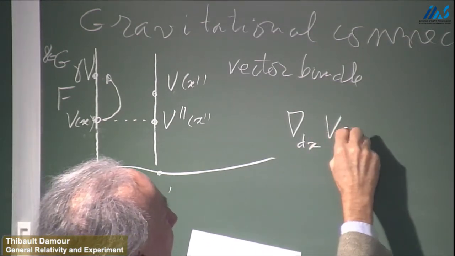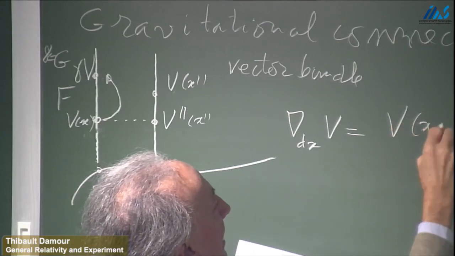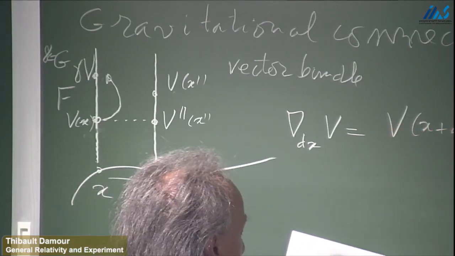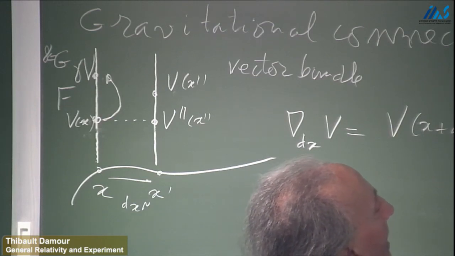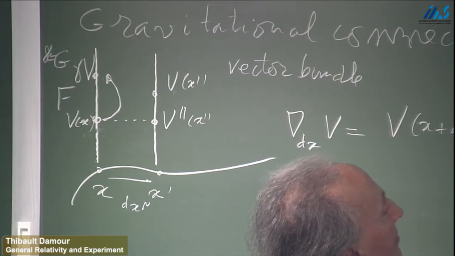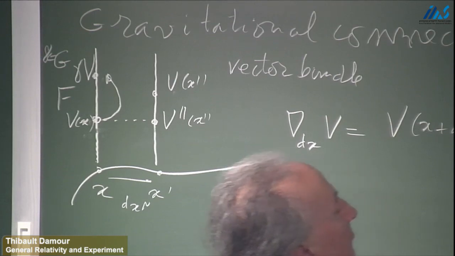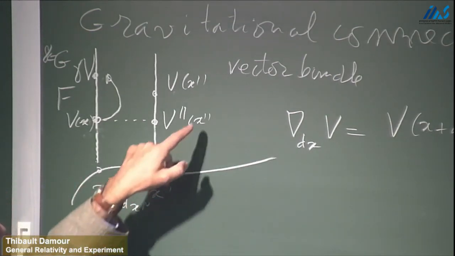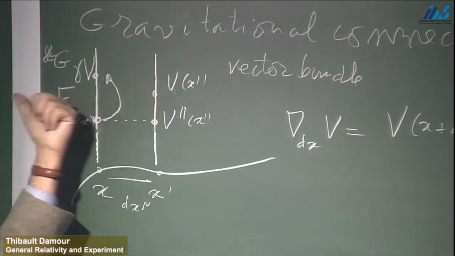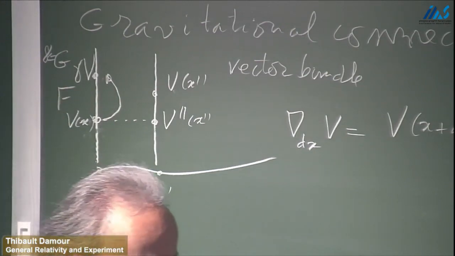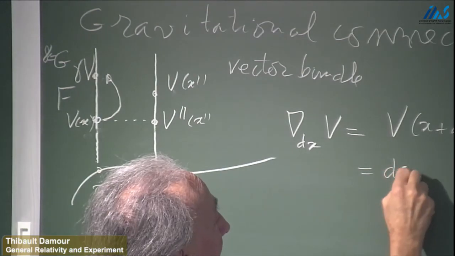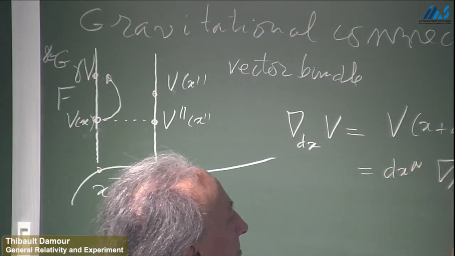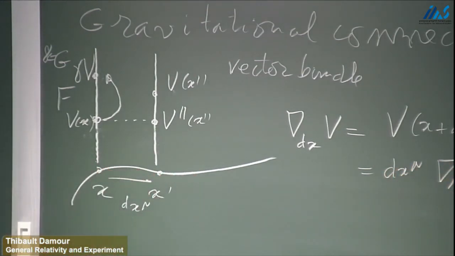It will be the field at point x plus dx minus the field at point x, which I parallel transport from x to x plus dx. Alternatively, you can parallel transport this vector back here and then make the difference there. To second order, this is the same thing. In coordinates, this will define a certain operation, nabla mu acting on v.